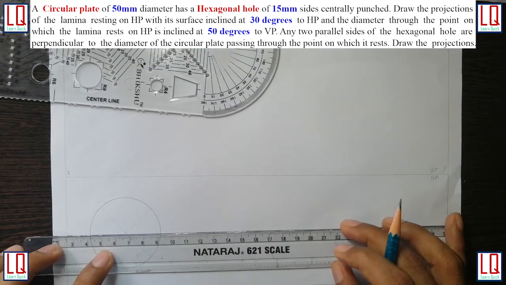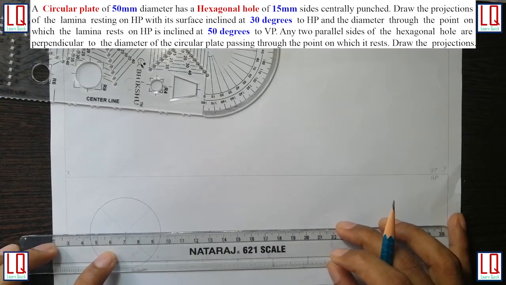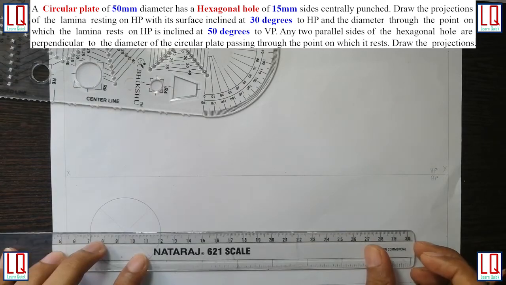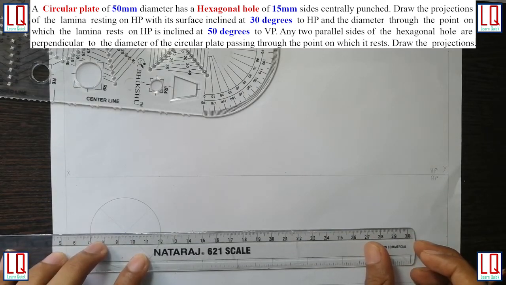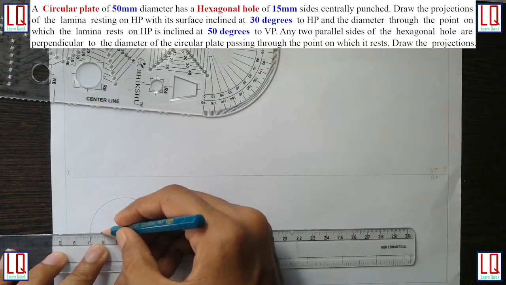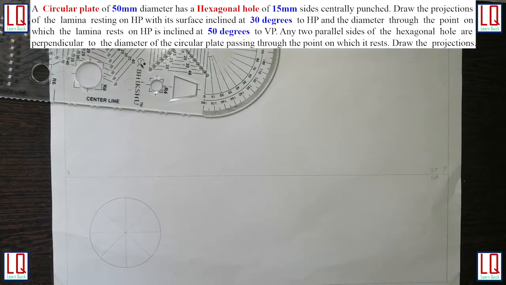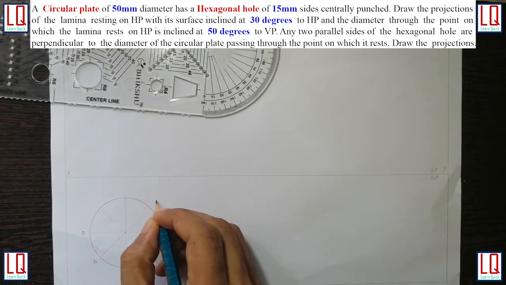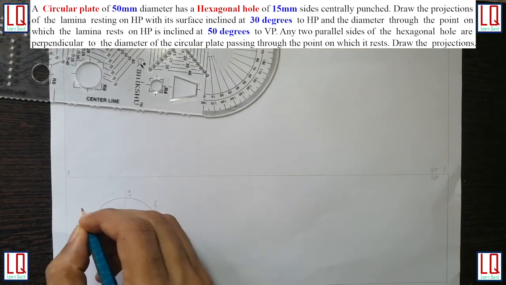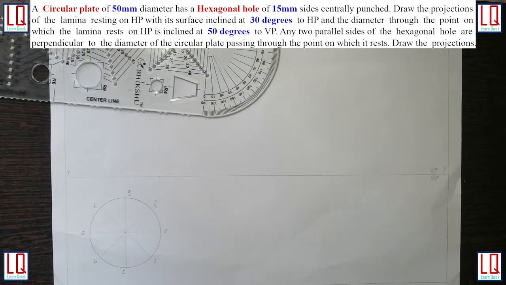If the circle is big, you can make it as 12 equal parts. Now name the arbitrary points A, B, C, D, E, F, G, H in anticlockwise direction.